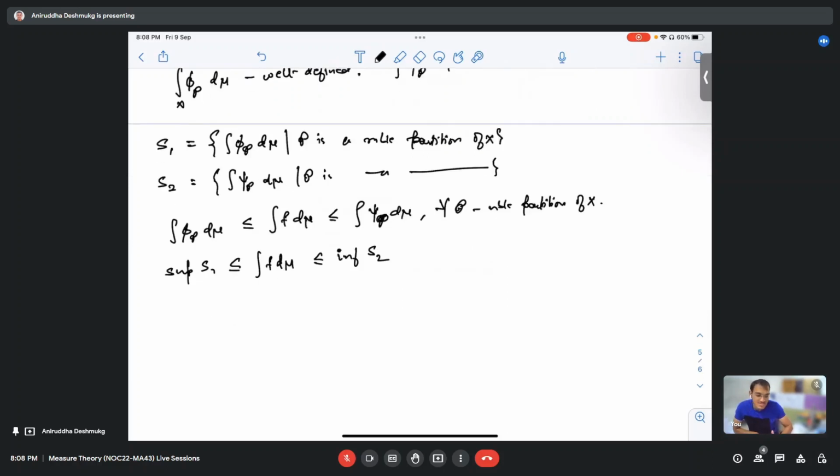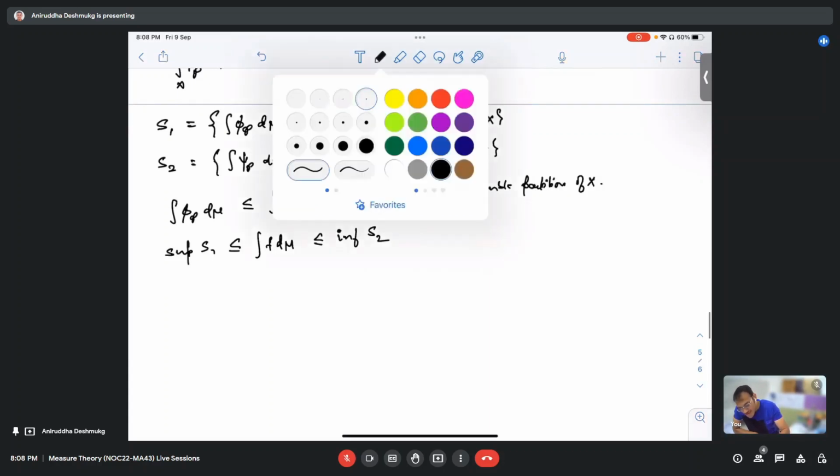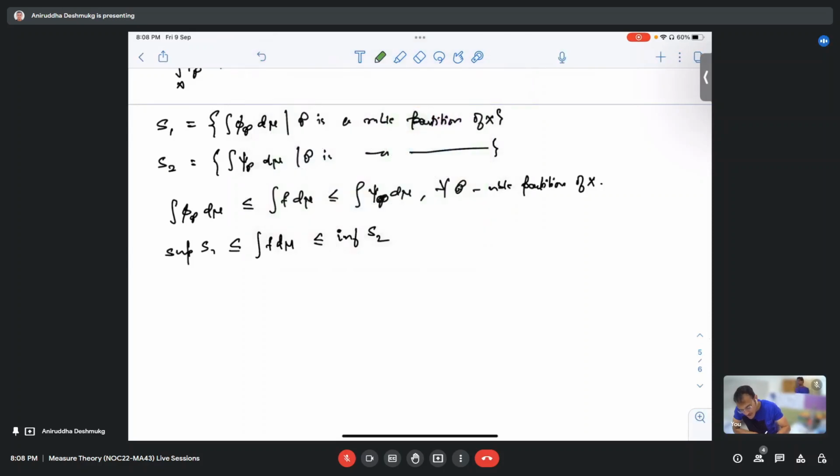So now the natural question to ask is whether they are equal. Let us see. Has this been proved in the class? The integral of f d mu is equal to the supremum of the integral of s d mu, where s is a non-negative simple measurable function which is less than or equal to f.